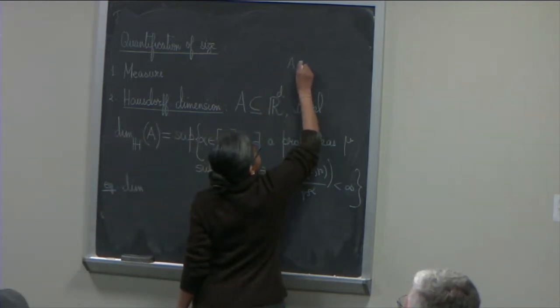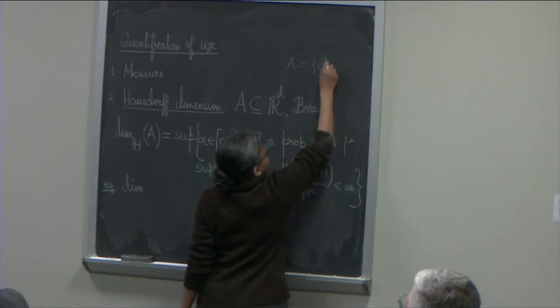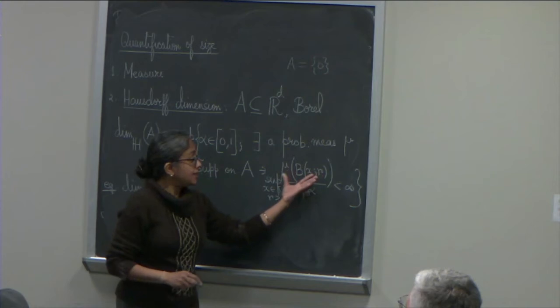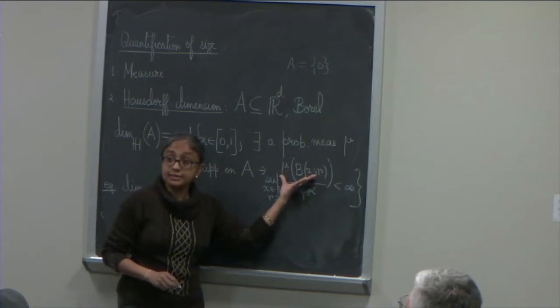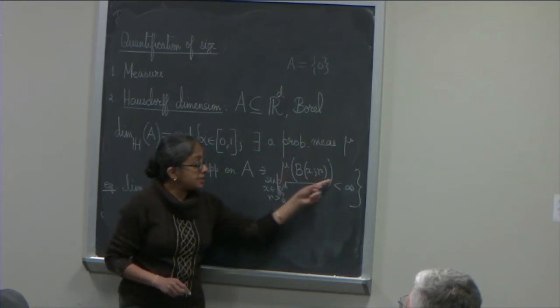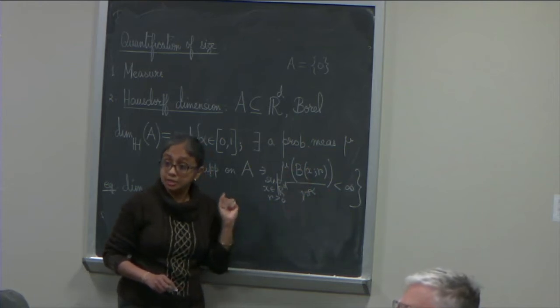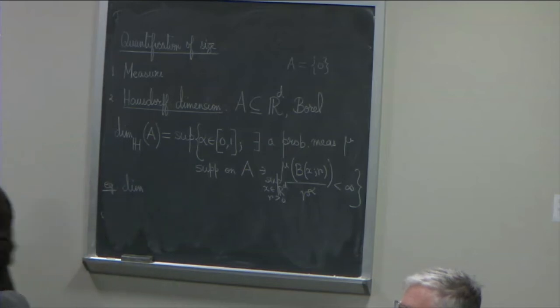So let's say A is just the point 0. Take a ball centered at 0 of any radius. Then this is going to be 1. Sure. And if you divide by r to the alpha, the only possible value of alpha is 0. Yeah, sure, okay. Thank you.